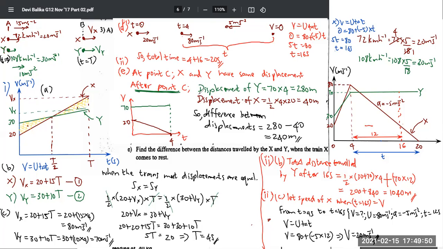But if you feel it's difficult to grasp, the other option is to find, until 20 seconds, the displacement of each train and subtract that. But I don't think that's a very good method. I don't really recommend that. Better to go with this method, people. Okay, right.